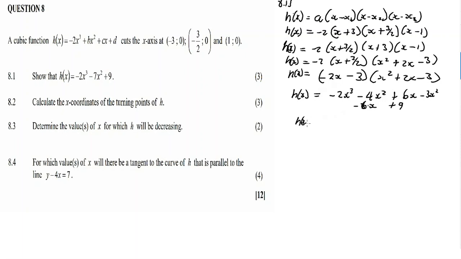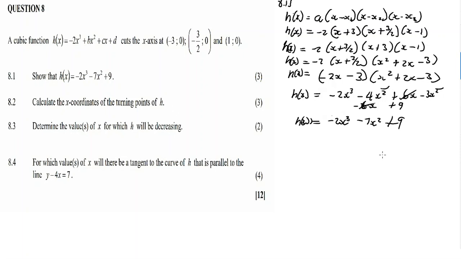So therefore h of x is equal to the cubic term, and then the squared terms combine to negative 7x squared, and then this cancels with this, leaving plus 9. So therefore h of x is actually equal to that.